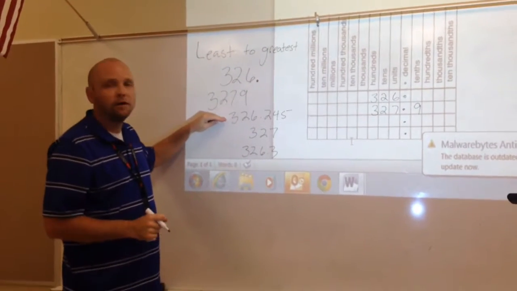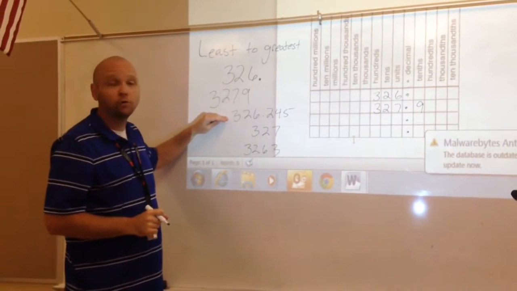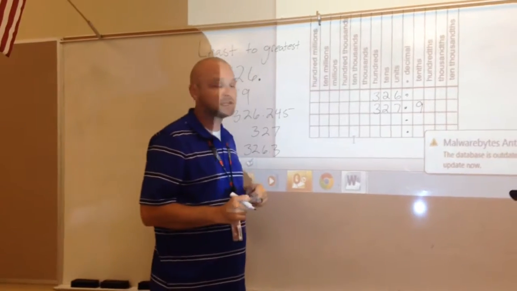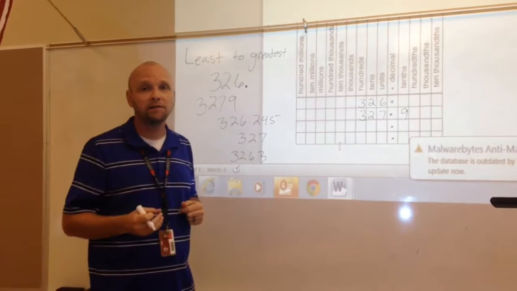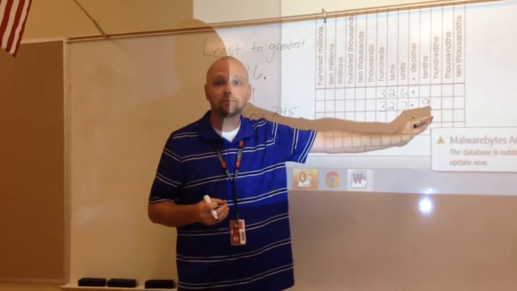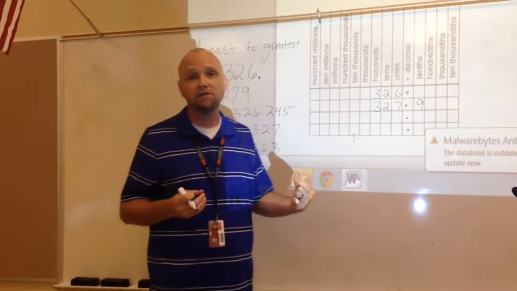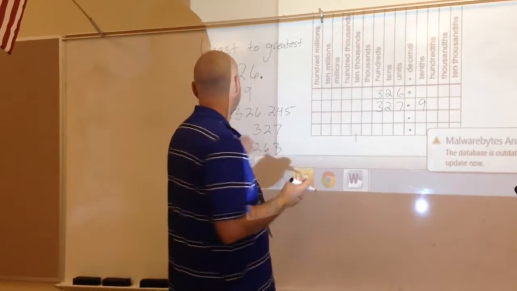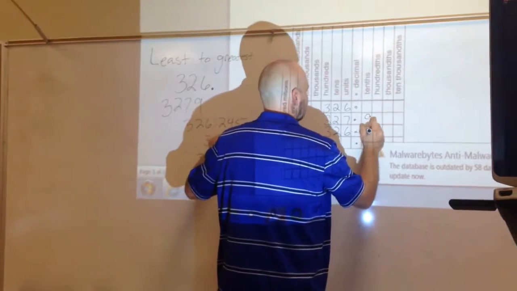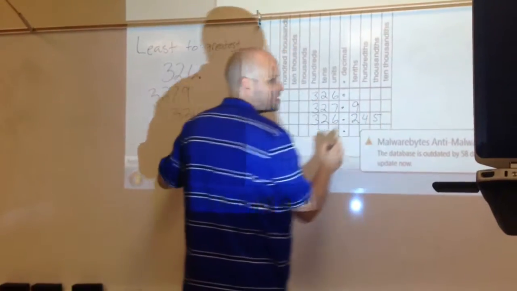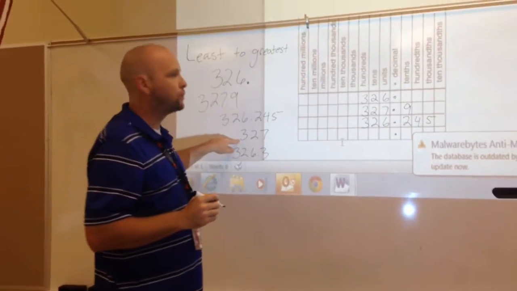The next number, 326 and 245 thousandths. Make sure behind the decimal point it ends in THS. If you have to write these in words, anything behind the decimal point you say with THS, and you write with THS. So I have 326 and 245 thousandths.